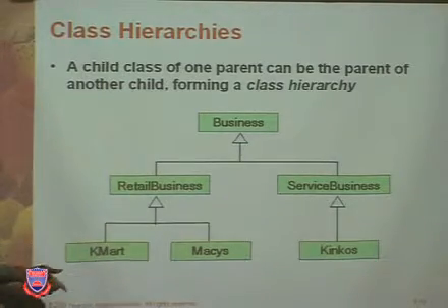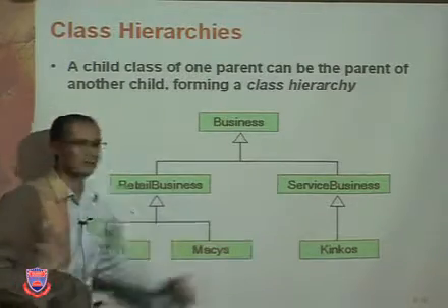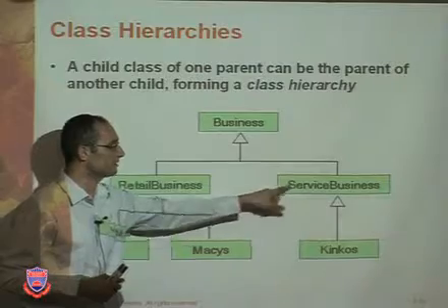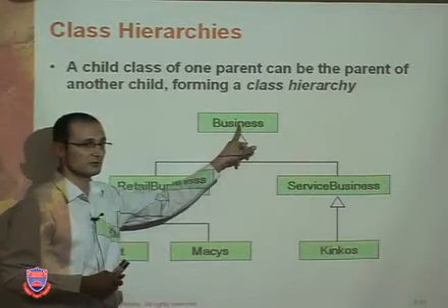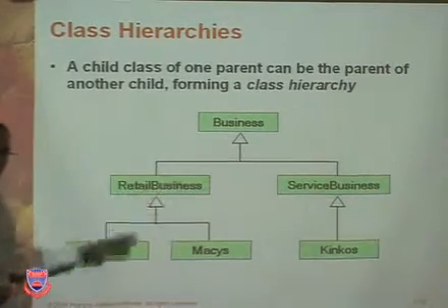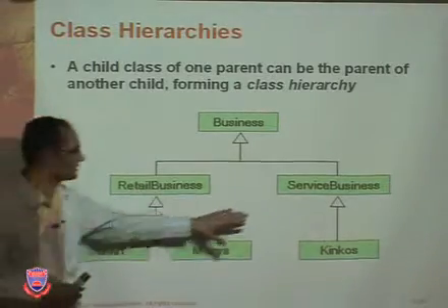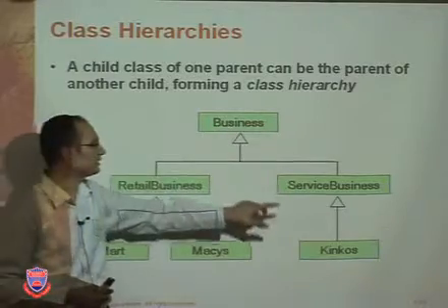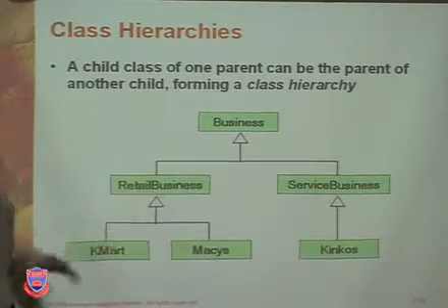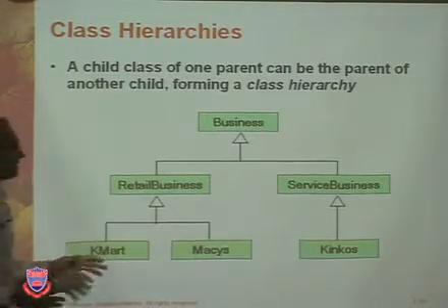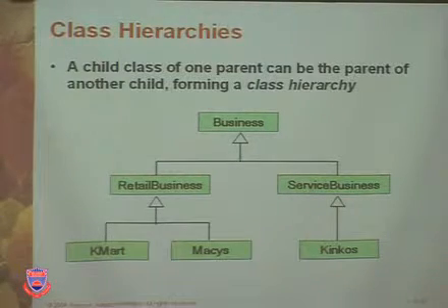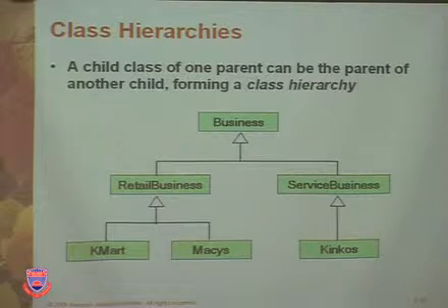Or let's say you have a certain property for the service business, you would like to have it there, not higher up, because it's not going to be common for the rest of the hierarchy, and you will just add additional unnecessary stuff onto your class. So you would like to move things as high as possible. However, if they're not necessary in the rest of the hierarchy, you don't want to do that. Any questions?